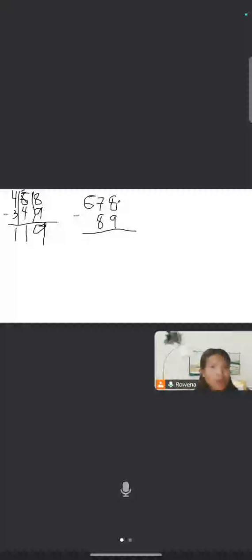That's why we are going to borrow from the next number. But first, we are going to put a line on it. 8 minus 9 cannot be. Borrow. 7 will become 6, and 8 will become 18. All the same.